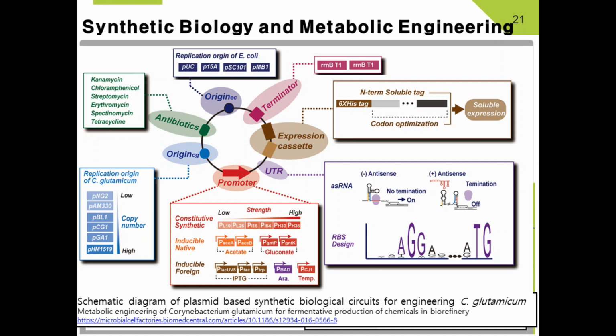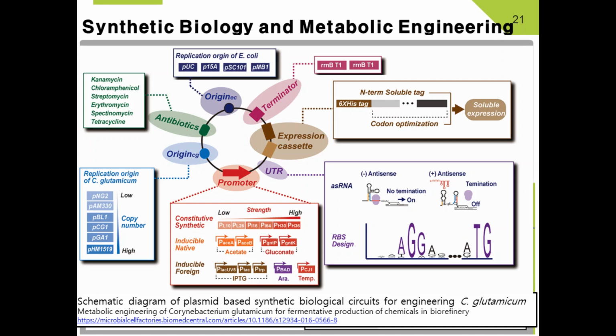Now in Corine, inducible foreign promoters just means that the promoters are from different strains or different microorganisms, and inducible means that if you put a specific chemical into it, it would signal the strain to produce this enzyme.